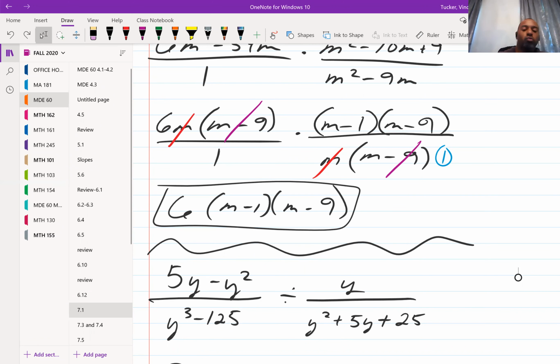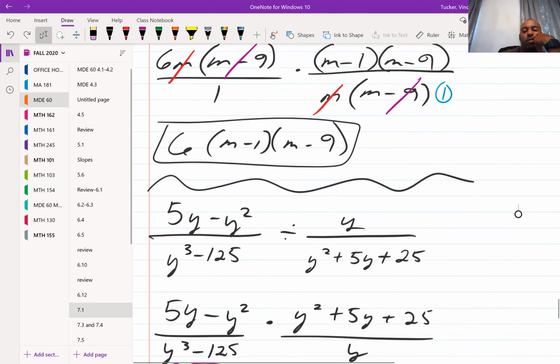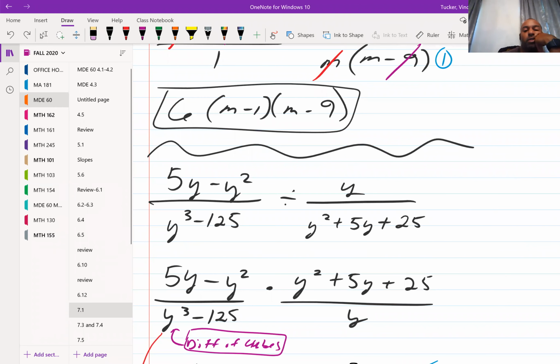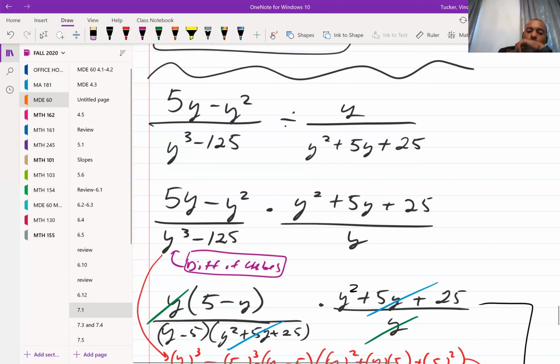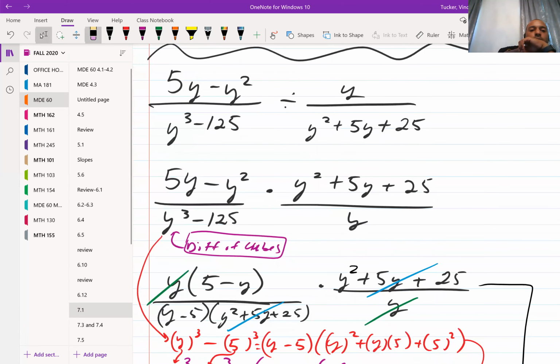First thing we want to do is change division to multiplication and flip the second fraction.